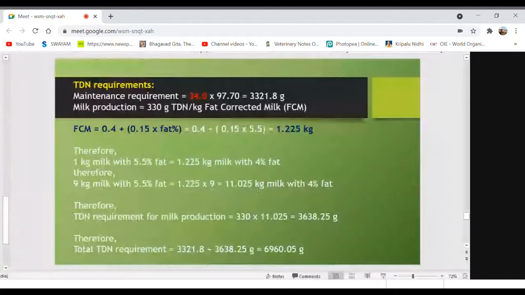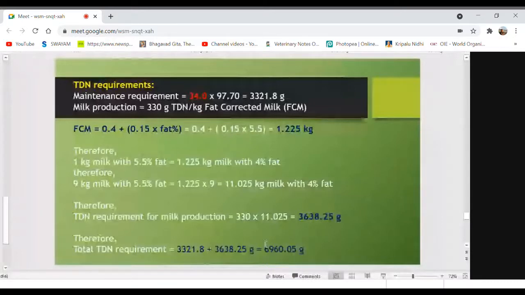Total requirement of TDN for a dairy cow having 450 kg body weight, producing 9 kg milk per day with 5.5% fat, the requirement of energy in terms of TDN will be 6960.05 gram. This is the total requirement.